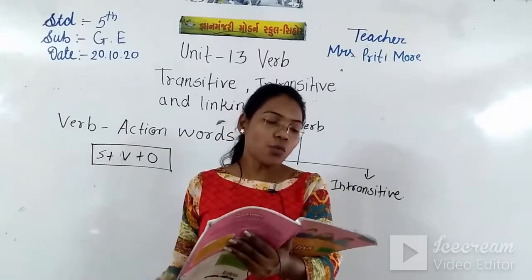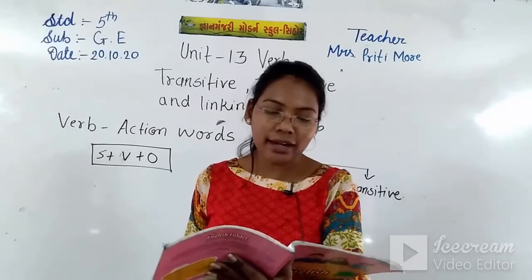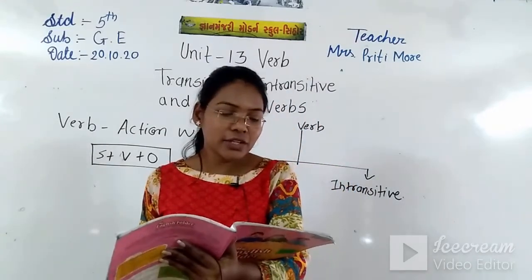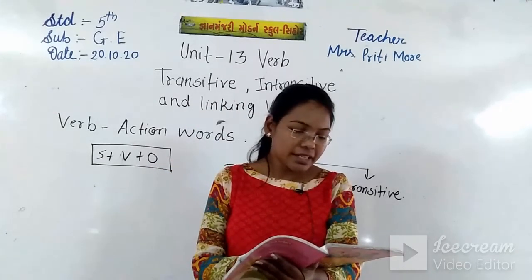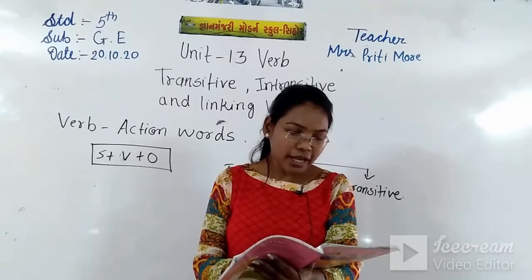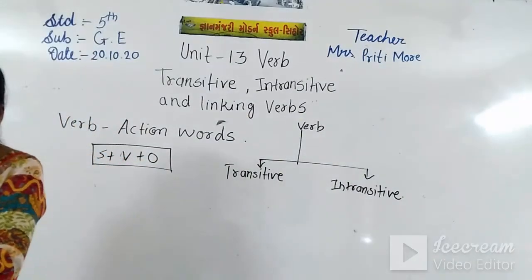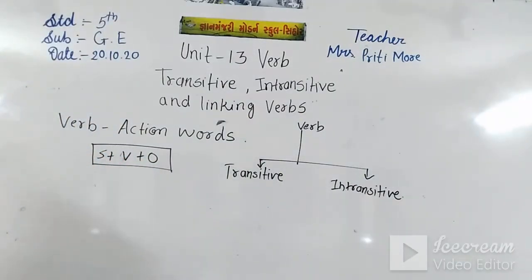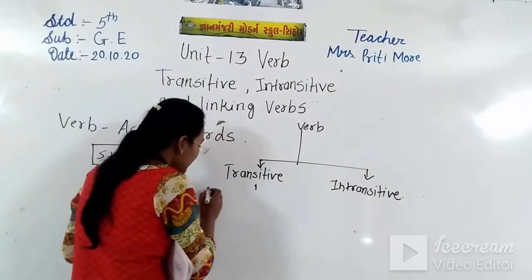The verbs that describe what someone or something is or what they are like are known as linking verbs. These verbs connect the subject to an adjective. First we'll see the transitive and intransitive verb. First we'll see the transitive verb.